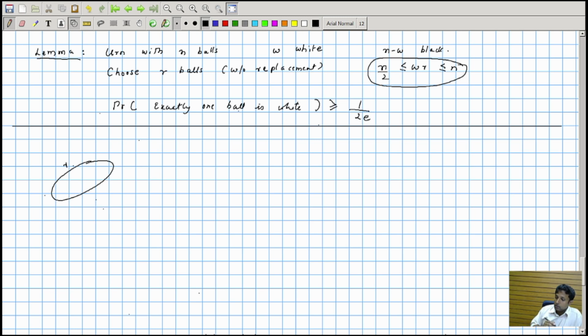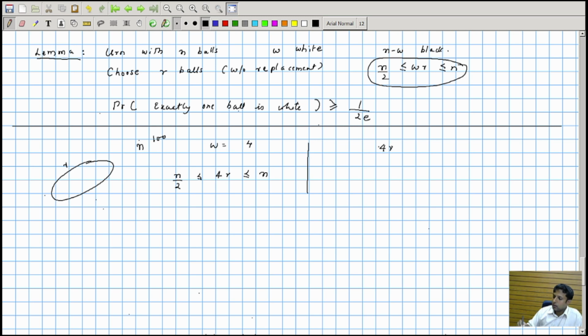Okay. So suppose the number of white balls were 4 and the number of balls were 100. If you choose R balls, R has to satisfy the following equation: n by 2 should be less than 4R and less than n.